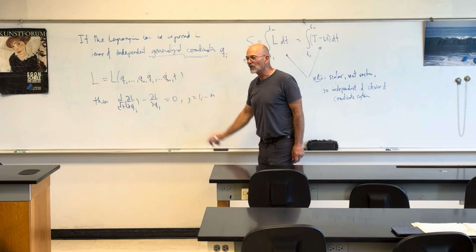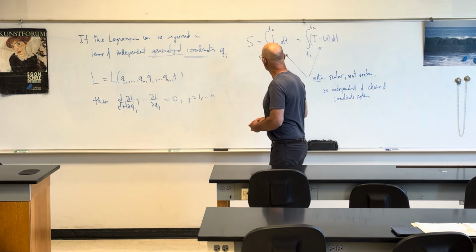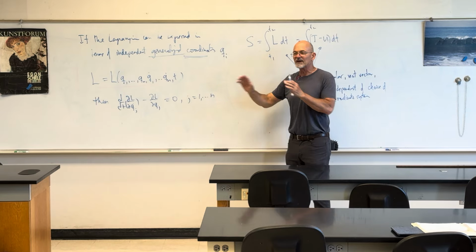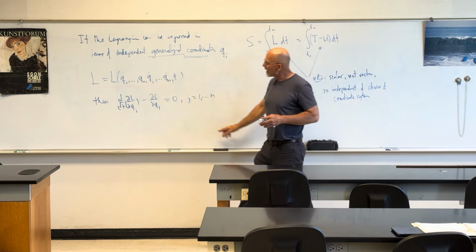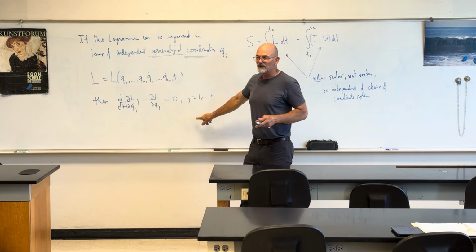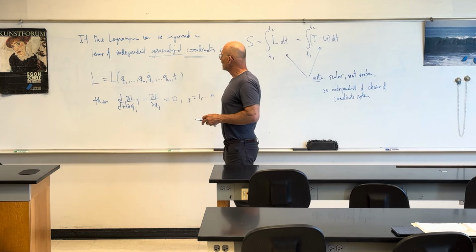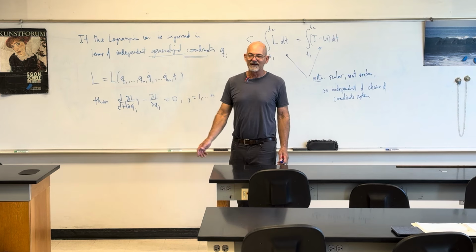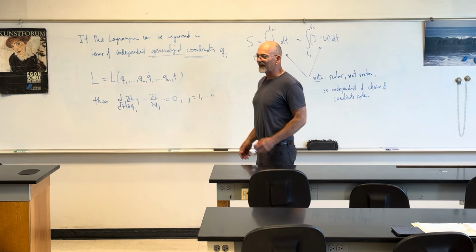So that's what we're working towards. Our goal is going to be to just get that kinetic minus potential in whatever set of coordinates we have, then we automatically get the right equations of motion. Which is huge, but it's still only an equation of motion. That doesn't mean we could solve it. But that'll give us those.